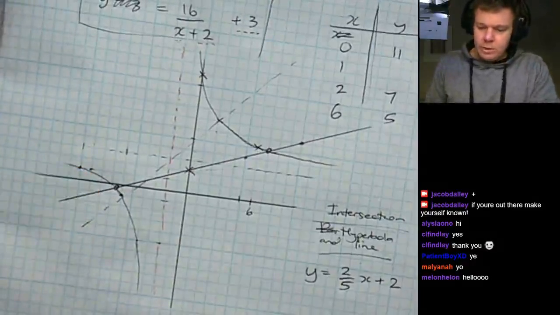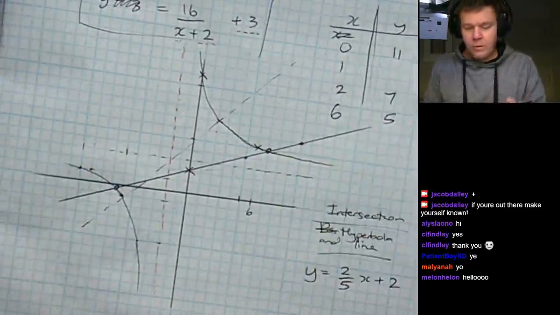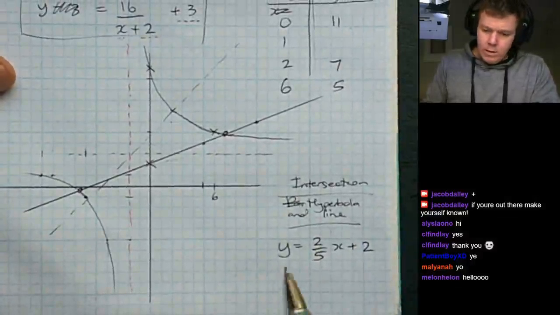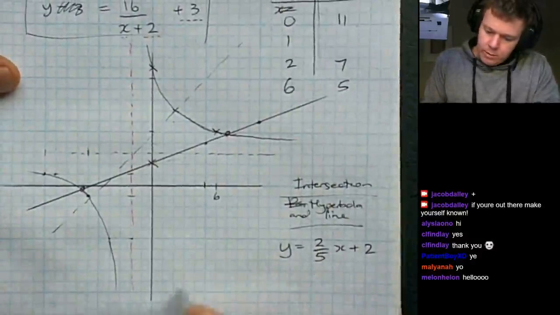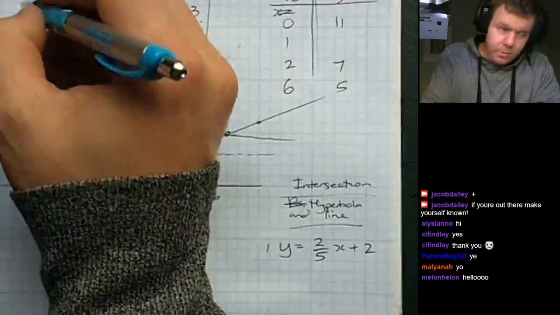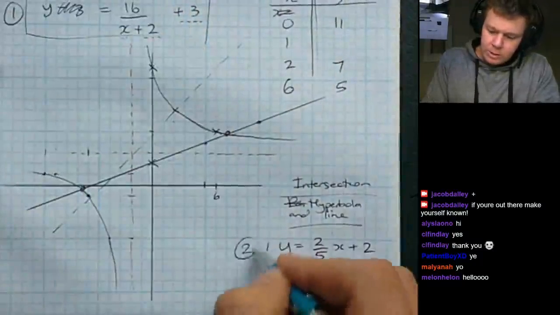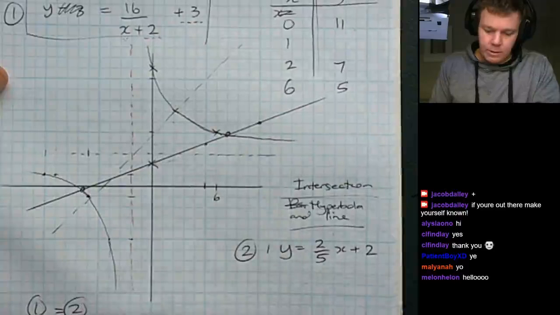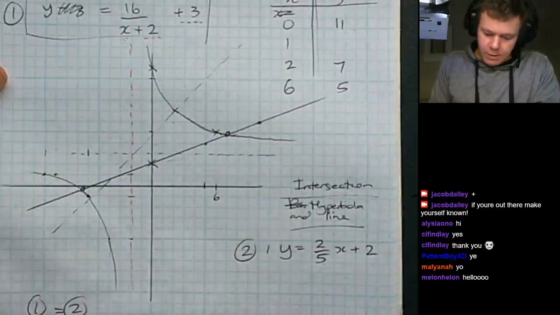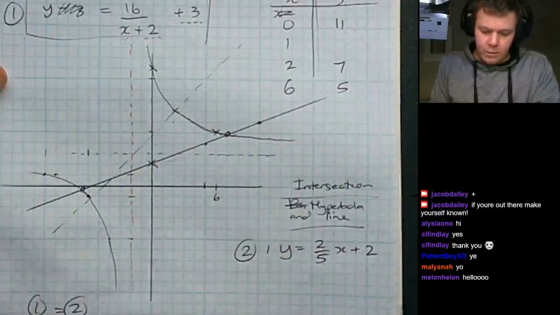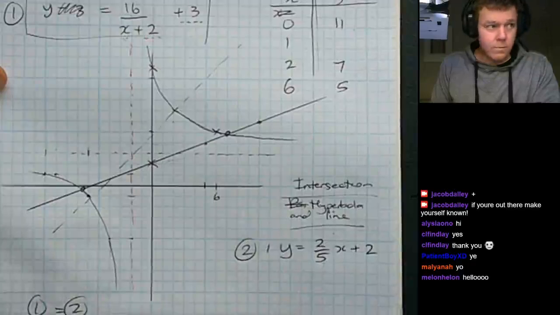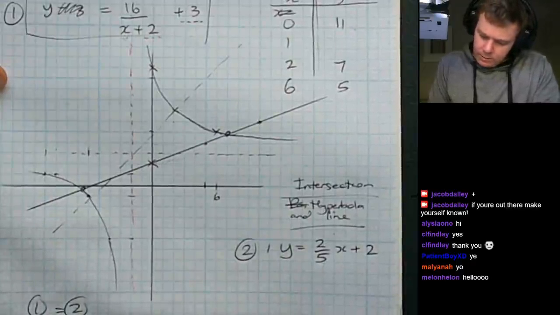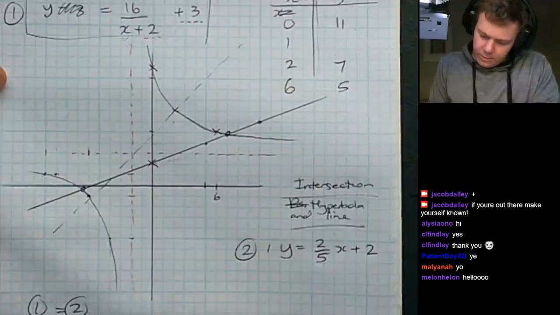Well, generally when you're trying to find intersection points, you just set the two equations equal to one another. So this is our equation 1, equation 2, so we're going to go 1 equals 2, so we're going to get 16 over x plus 2, plus 3, equals 2/5 x plus 2.